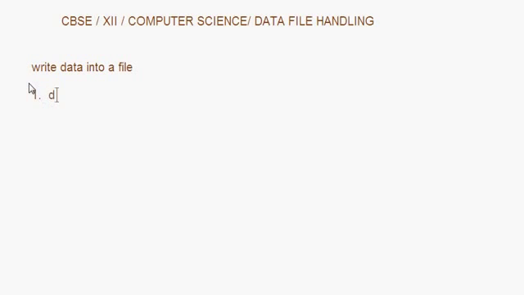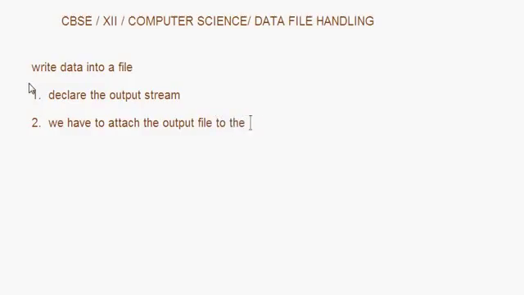First of all, we have to declare the output stream. I have to write the data into a file, means it will be an output stream. Then we have to attach the output file in which the data is to be written. We have to attach the output file to the output stream.